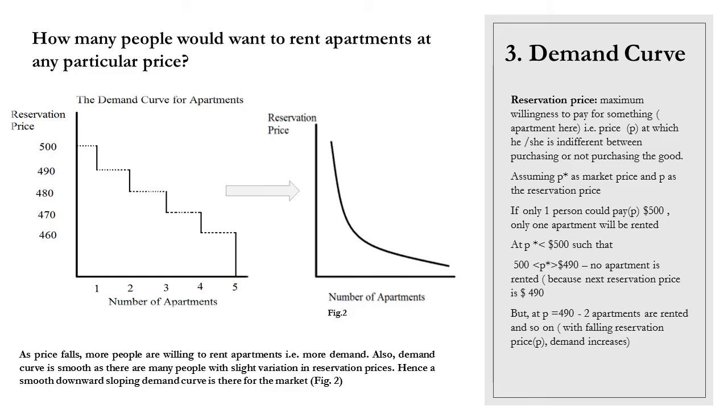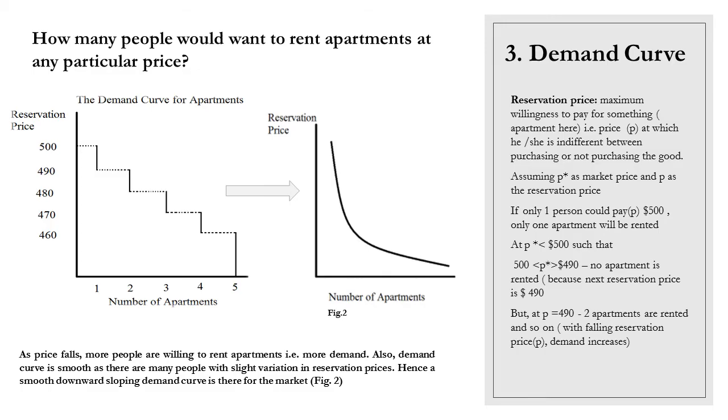The demand curve is also smooth, as there are many people with slight variations in the reservation price, like one at 499, another at 498, 497, 6, 5, 4, 3, 2, 1, then 490 and so on. Hence from this figure we can generate this plot, a smooth downward-sloping demand curve, as summarized in figure 2 for the market for apartments. So this is our demand curve.